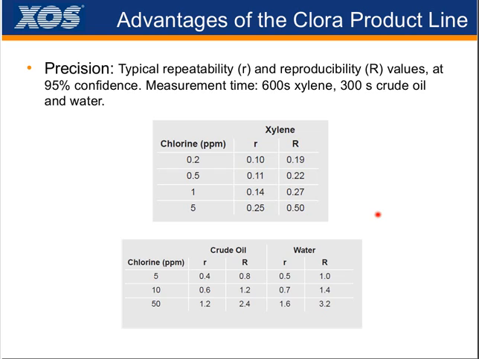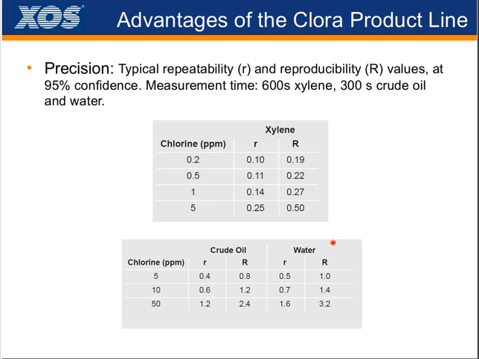I've had major refiners comment, when they're running the Clora 2XP next to the regular Clora, that when they're running down at these low levels, they are seeing a drastic improvement. A lot of that improvement comes from the counts you're getting with these new optics. And even at levels like 5 ppm, you're going to get tighter data. So if tight data and precision is one of the critical things on your list when it comes to chloride testing, we're here for you.